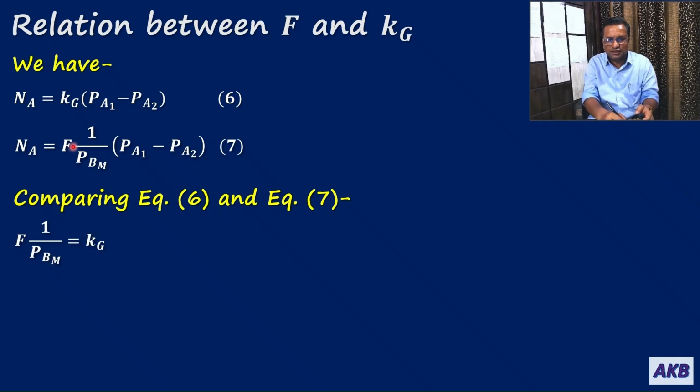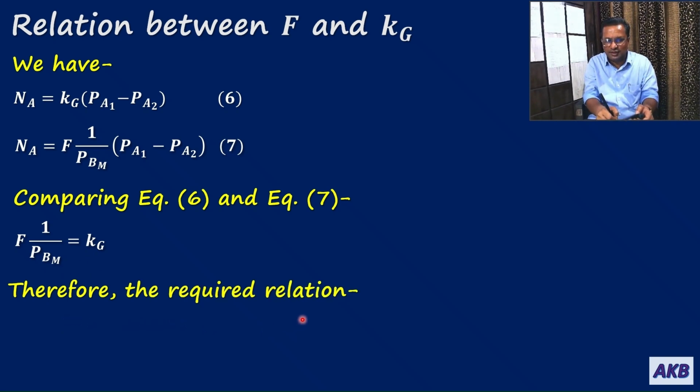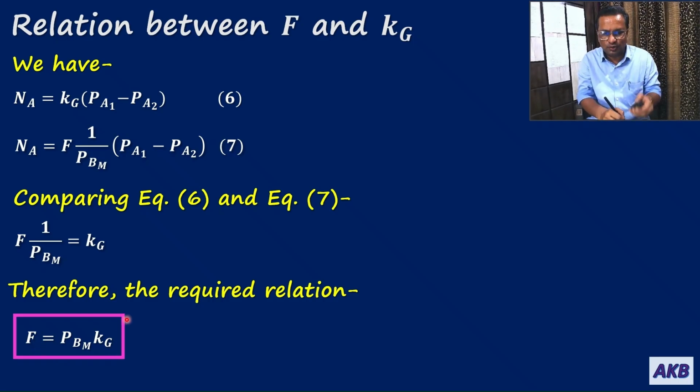This comparison gives F into 1 upon PBM is equal to Kg. And from that you can get the required relation as F is equal to PBM into Kg. So this is the relationship between F and Kg. I hope you have understood how we got this. If you have any doubts, please mention them in the comment section.